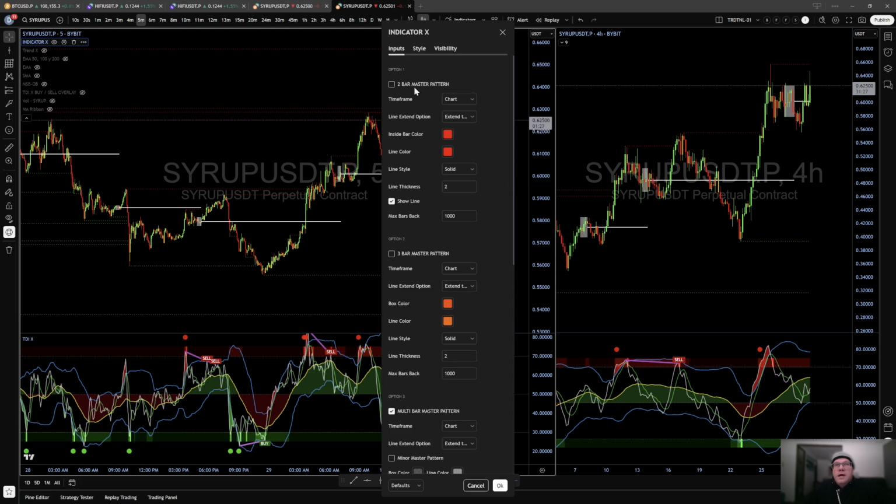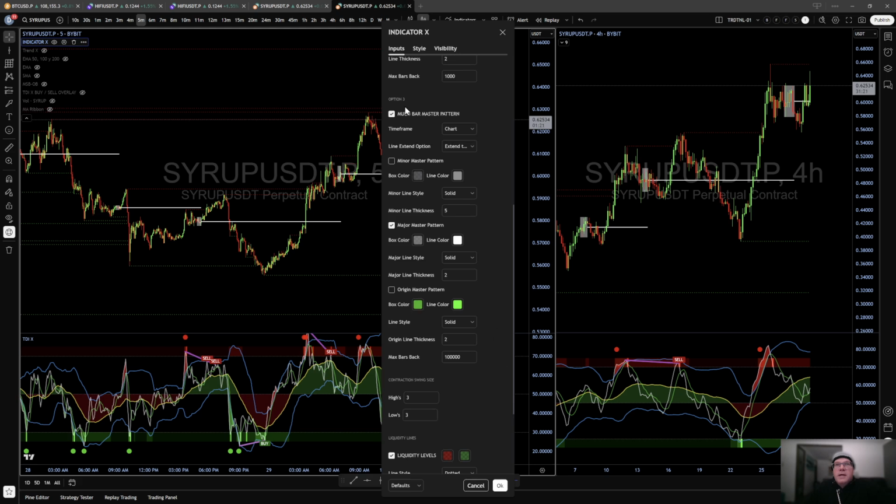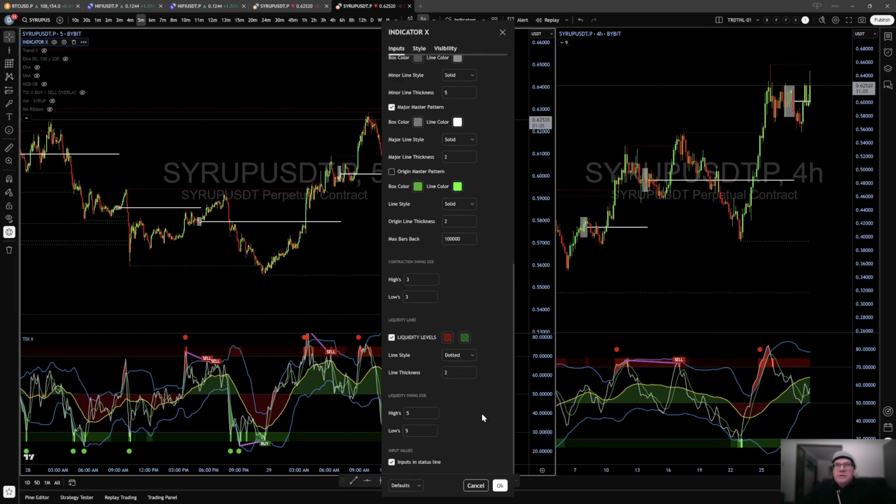I have not selected 2-bar or 3-bar. I only use this multi-bar master pattern option, and I only have the major master pattern enabled. That's just the way I do it, and I make all my IndicatorX value lines white. It's just easier for me. I like the way it looks. So those are my settings. If you have questions, let me know.